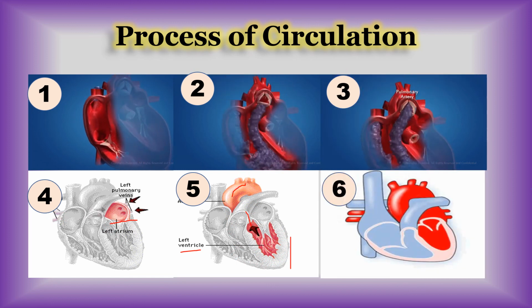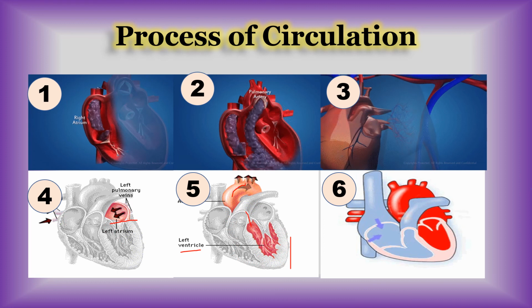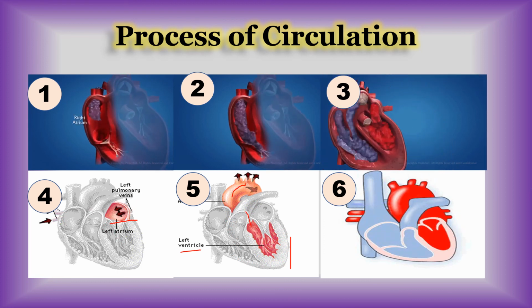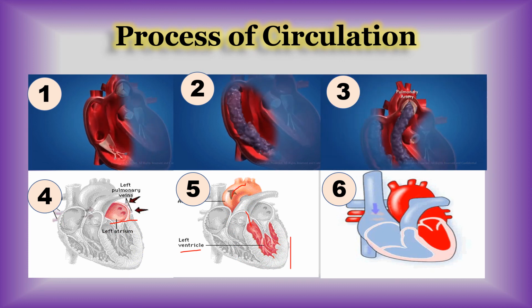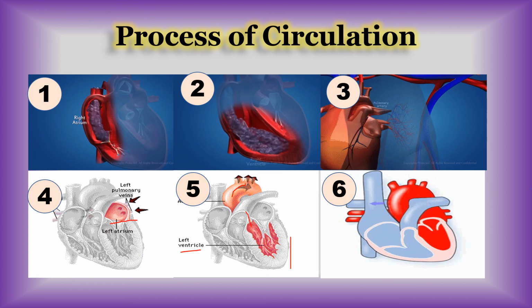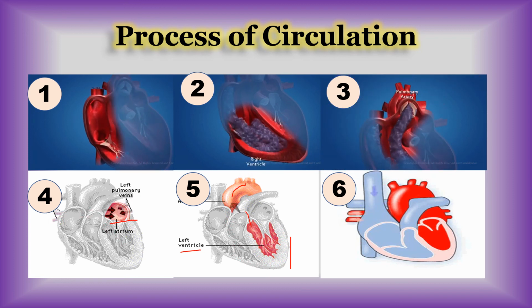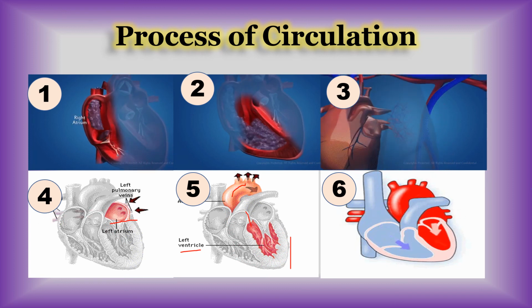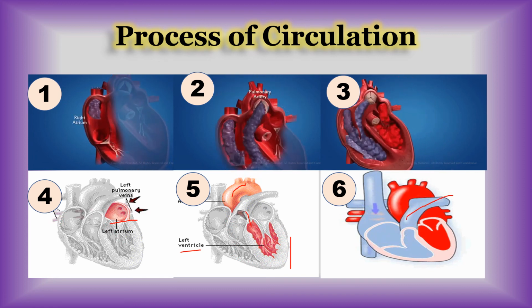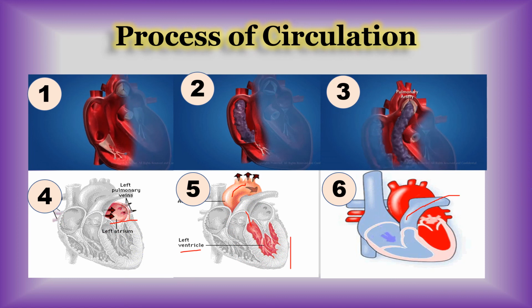Now children, you can see here in the sixth picture, can you see red and blue lines? Watch it carefully. The blue line you will see first from here. That means deoxygenated blood is received by the right atrium. Then it is passed to the right ventricle and from there it is passed to the lungs.